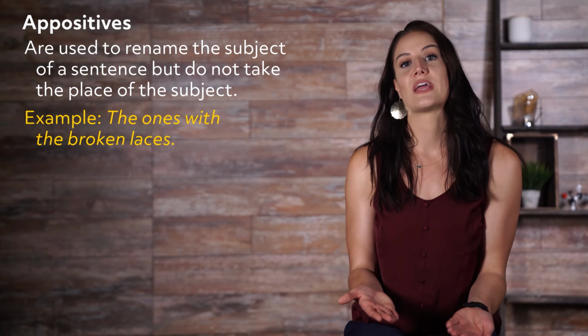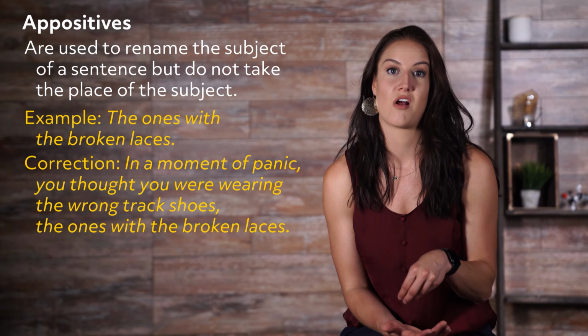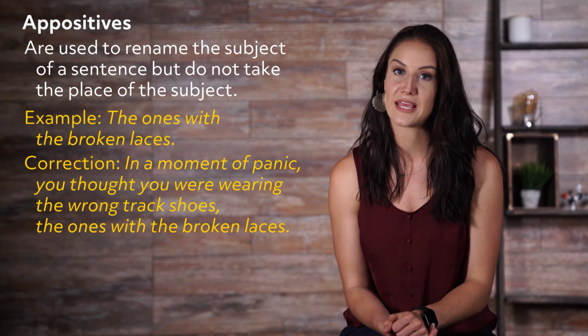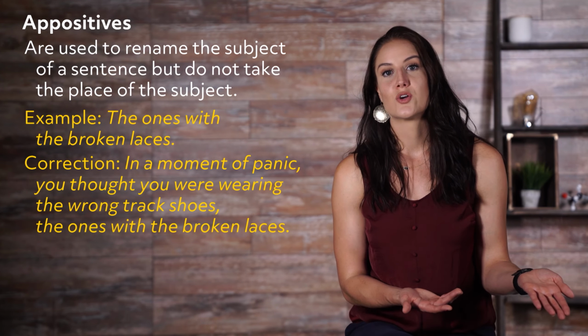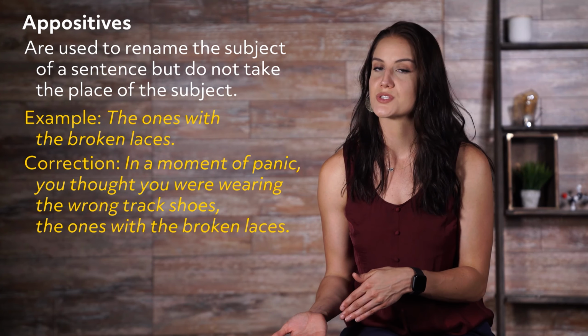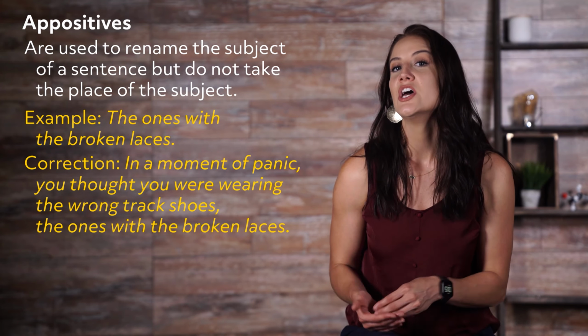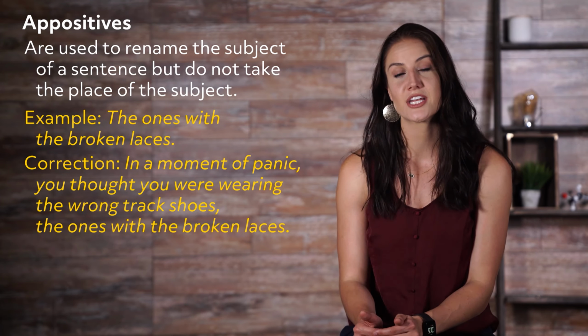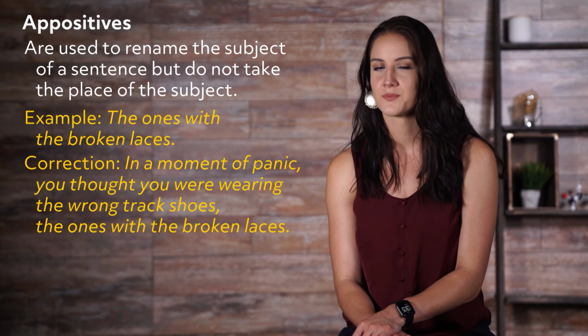Here's a correct way to write this sentence. In a moment of panic, you thought you were wearing the wrong track shoes, the ones with the broken laces. Now we see that the ones with the broken laces could rename the noun shoes. We also see with this sentence that the ones with the broken laces could not function as the subject because it would be too unclear as to what was being described.